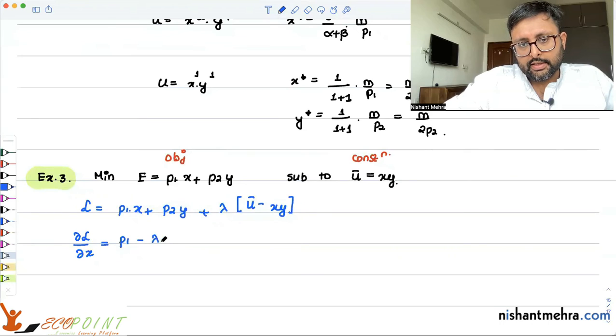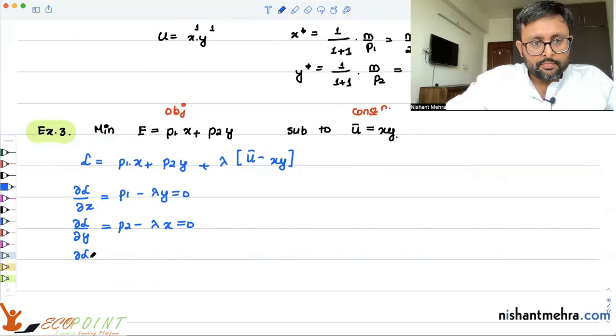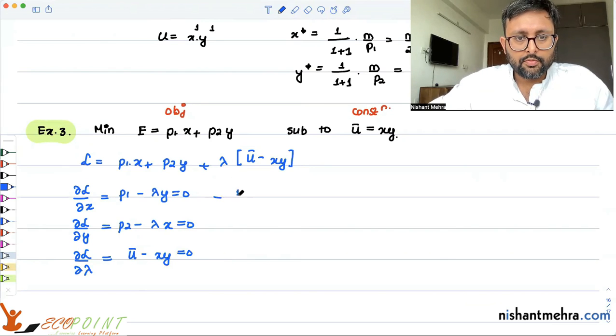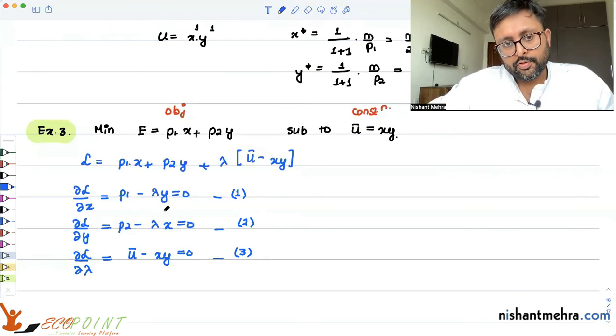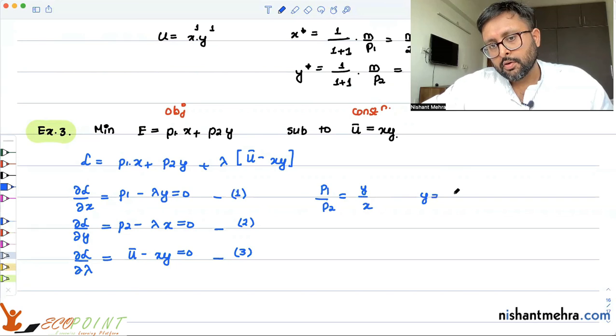P1 minus lambda y equals 0, P2 minus lambda x equals 0, U bar minus xy equals 0. Dividing 1 by 2, you'll get P1 by P2 equals y by x. So y equals x P1 by P2.